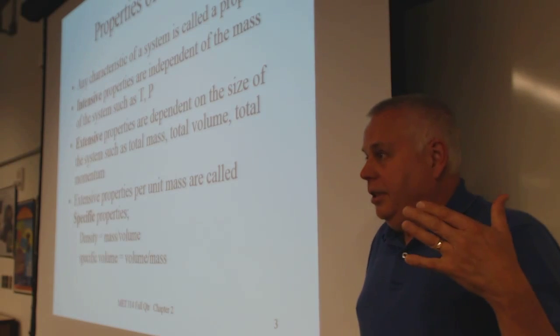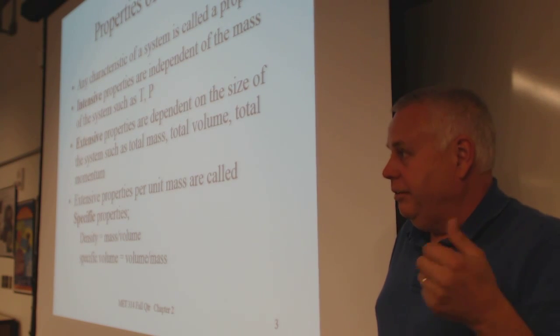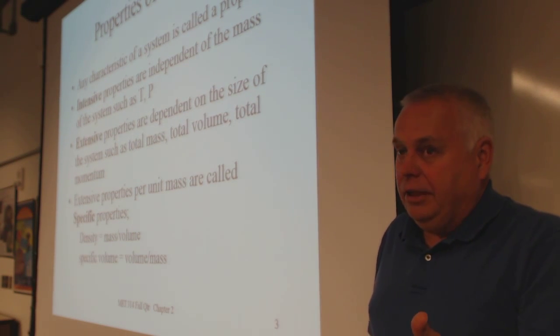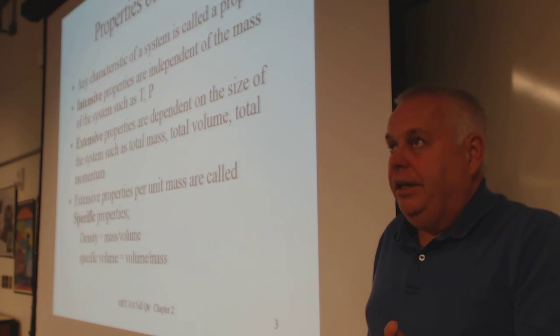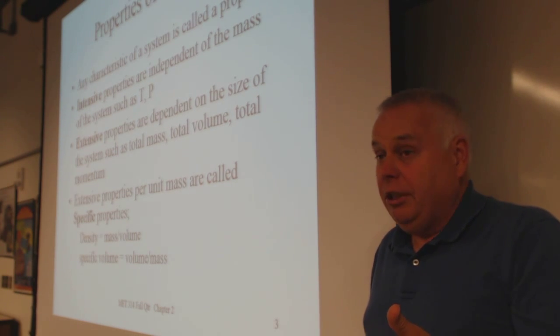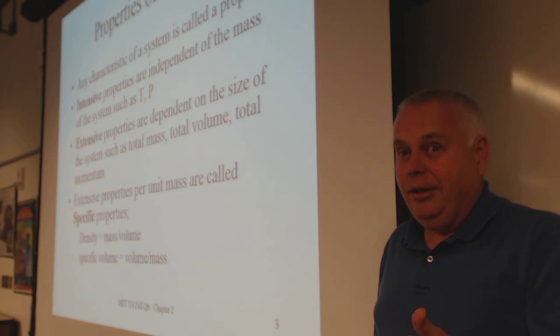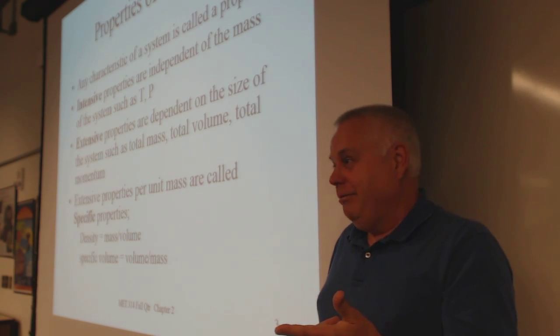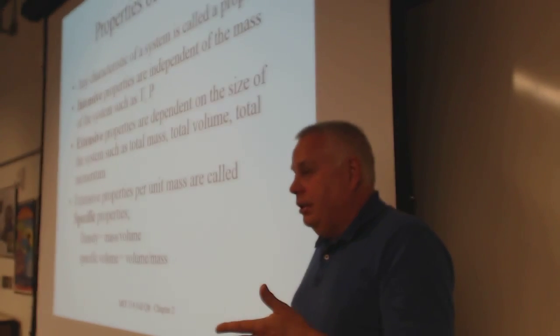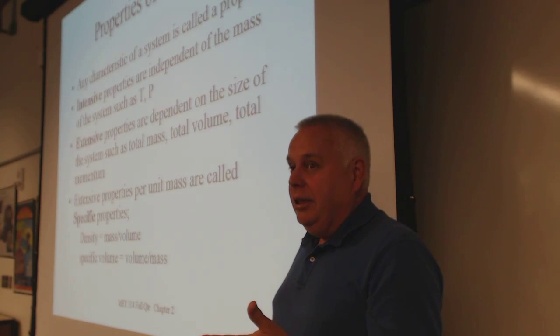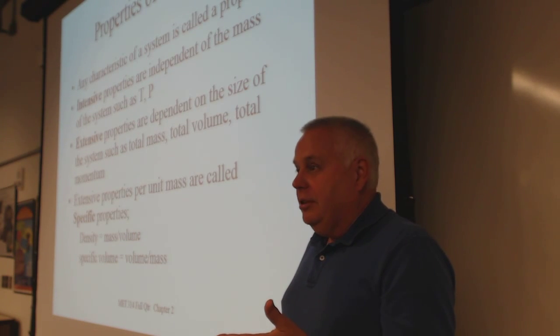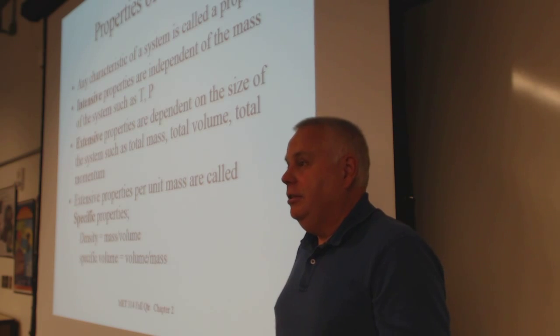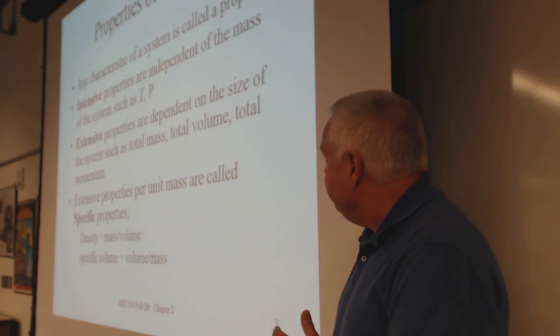Because of the C sub P and C sub V and all that, we have an internal energy as a property. You have enthalpy as a property that we really like. You're going to learn to love enthalpy because it wraps a bunch of stuff together. There's an entropy property that we'll be talking about in a couple chapters that tells us the limits to efficiency and so forth.